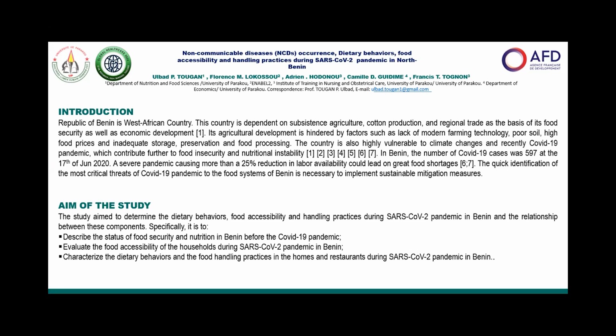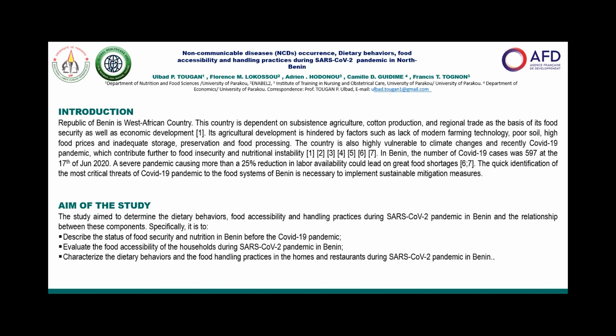The country is also highly vulnerable to climate change, and the recent COVID-19 pandemic contributed further to food insecurity and nutritional instability. In this country, the number of COVID-19 cases was 597 as of the 17th of June 2020.